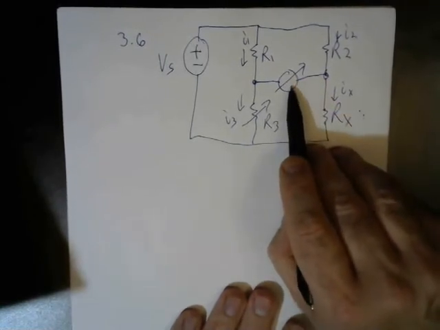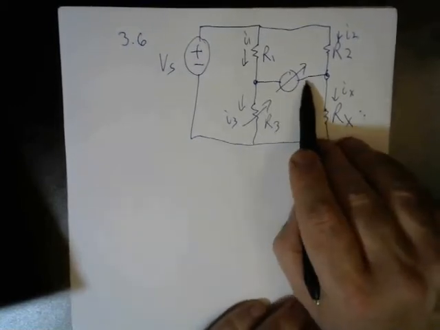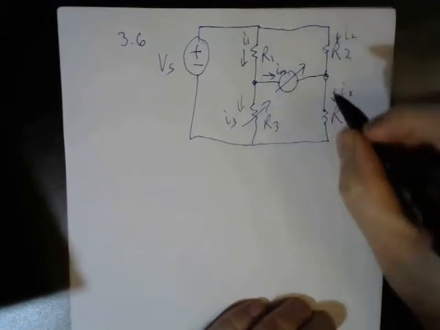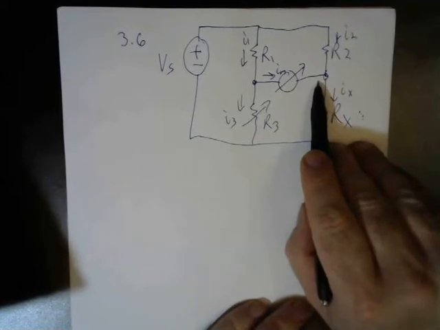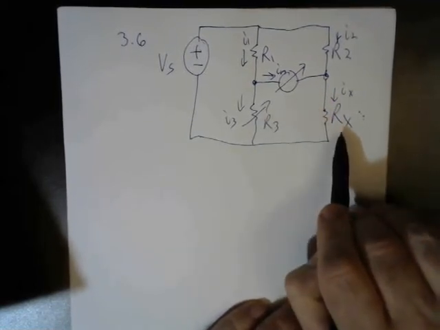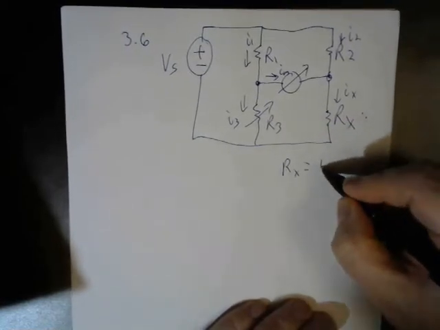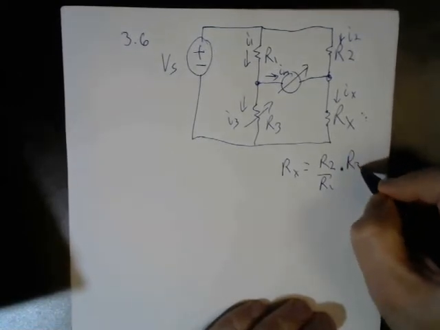This meter, shown as a voltage or current meter, is discussed in another video. When you get the current in this meter to 0, the voltage here is 0. When the voltage is 0, the value of Rx will be given by R2 over R1 times R3.